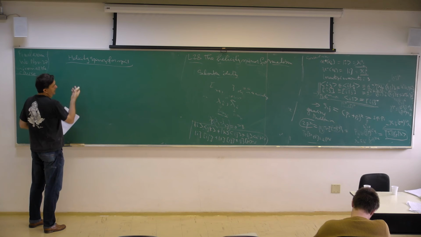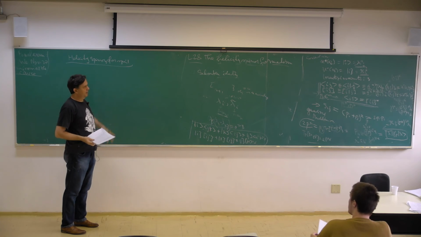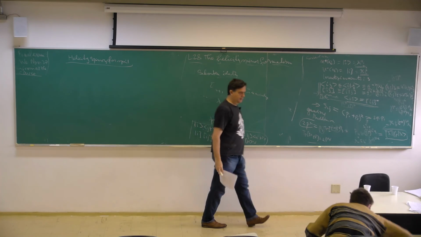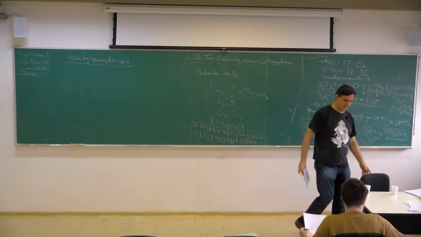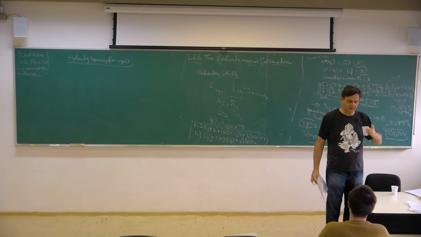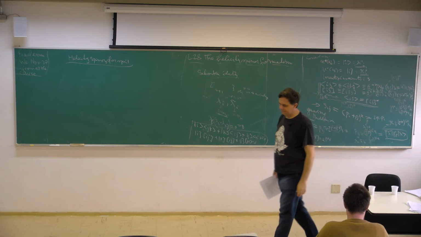So actually in both cases, spin 1 and spin 2, we know that the helicity, that is the helicity for massless particles, that is the projection of spin onto the momentum, can take only two values.